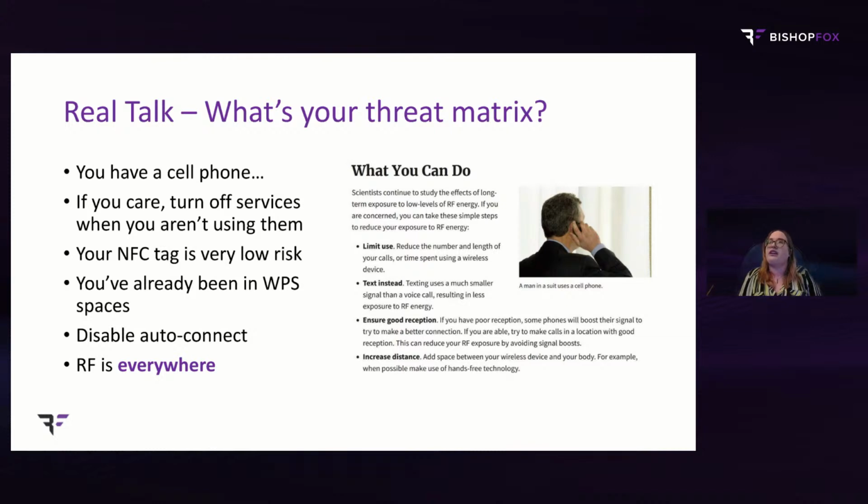You've already been in Wi-Fi positioning system spaces like warehouses and retail stores. You've already been there. What threat have they posed you before? What threat are they now? If you care, also disable auto connect in your network preferences. This will be for your phones and different devices, which can also help protect you.